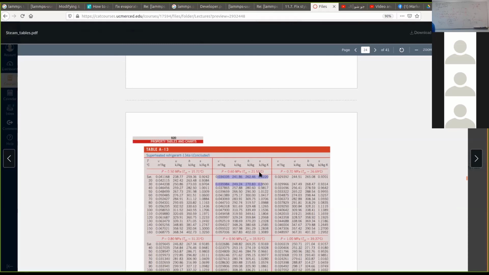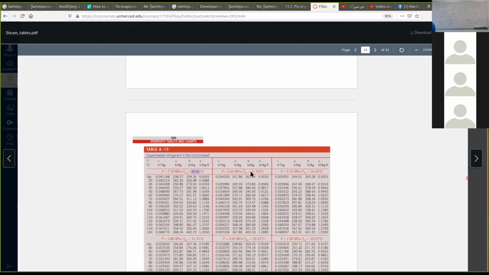Just interpolate between this S and this S to get S at 25 Celsius. This one is at 21.55, this one at 30 Celsius. So you want S at 25, something in between. 20 does not exist because here it's a mixture at this pressure. But here it was correct because T saturation is lower.